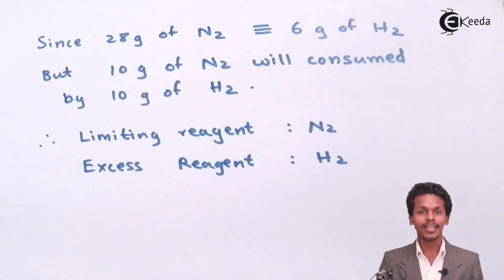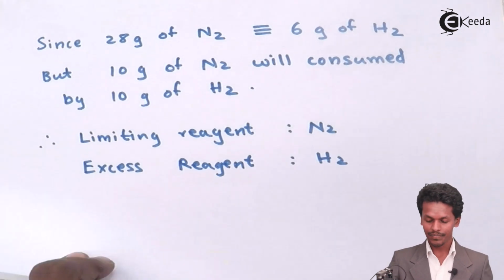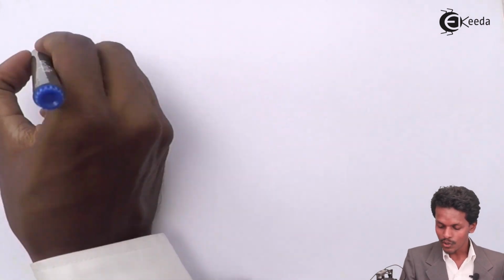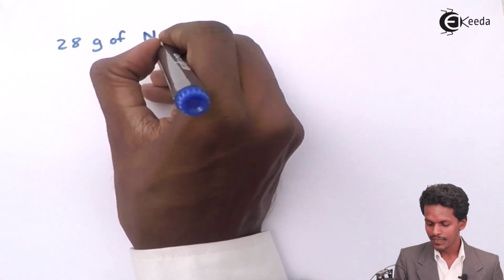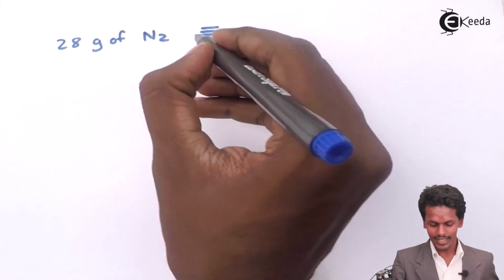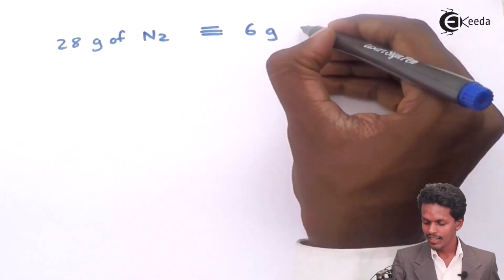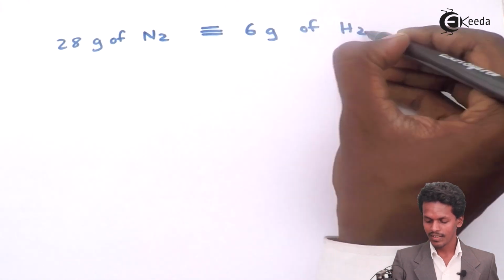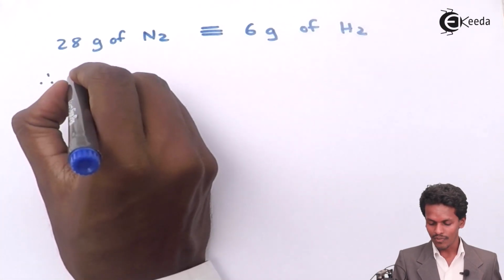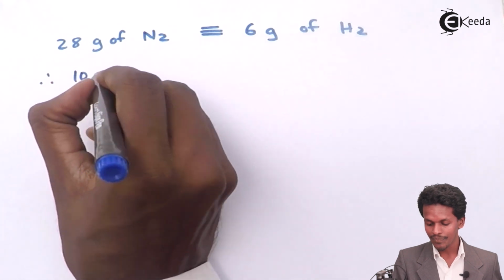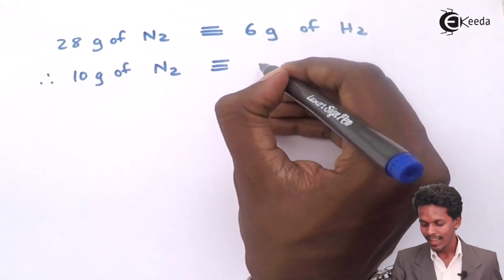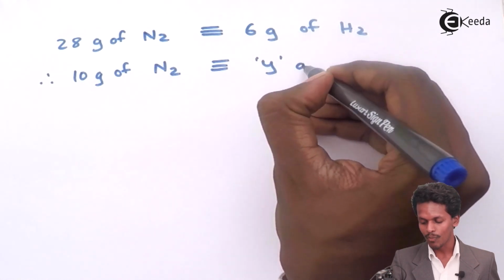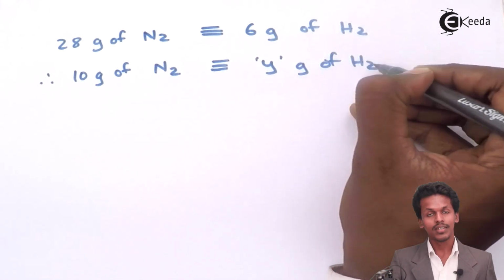Let us do it in a writing format. As I know, 28 gram of nitrogen is being consumed with 6 gram of hydrogen. So therefore if 10 gram of nitrogen is being reacted, then Y gram of H2 is being required.